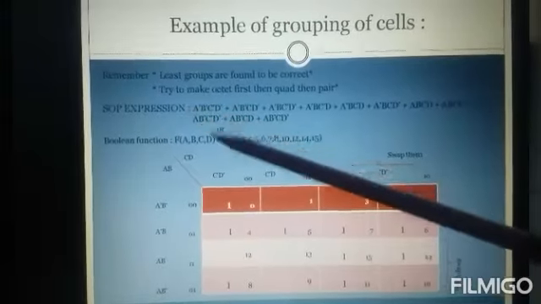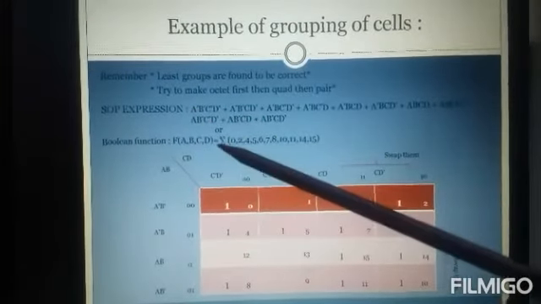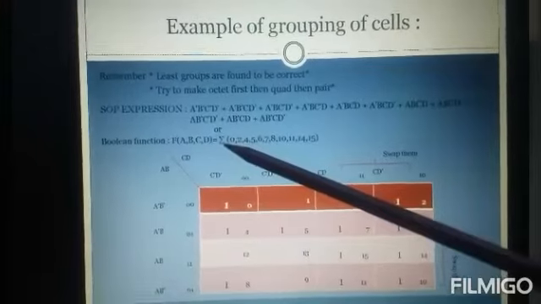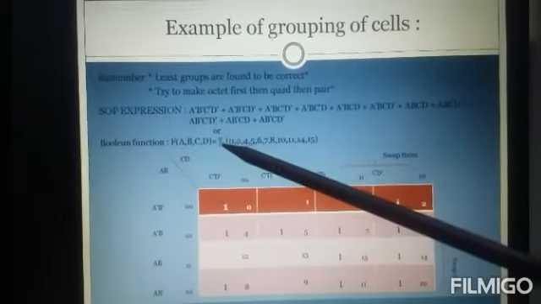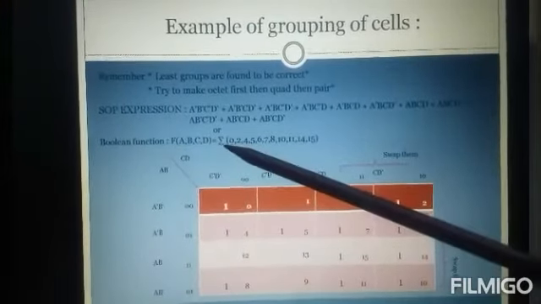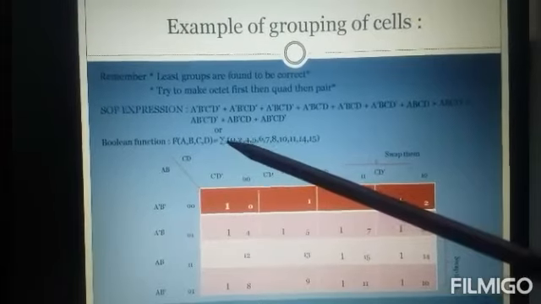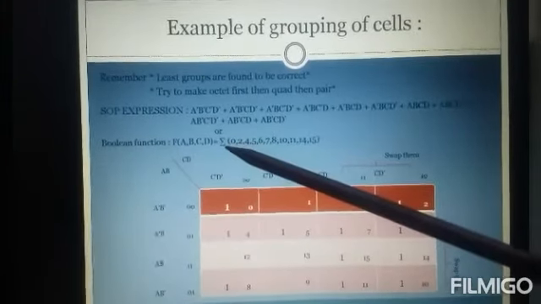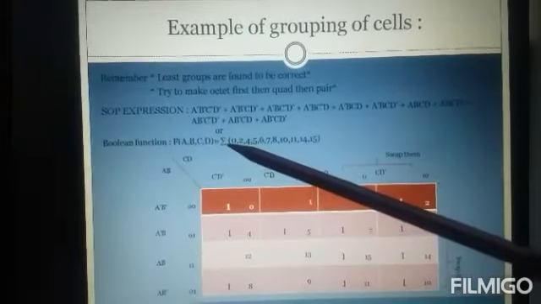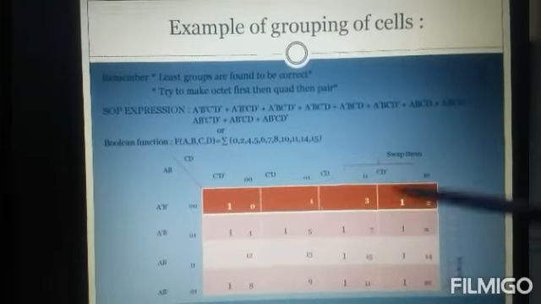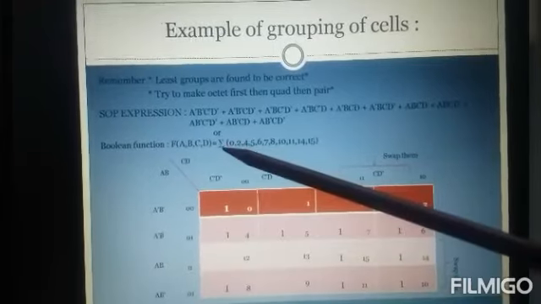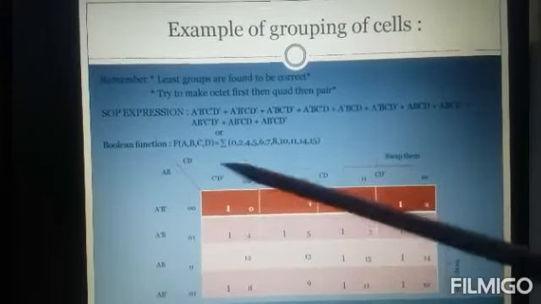Summation indicates SOP expression. If we are having pi here, it means we have to go with POS expression. If we have a question that contains pi, then you have to put zeros here. If we have an equation with summation, then you have to put 1 here.